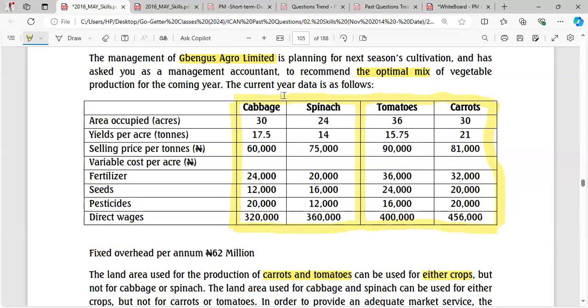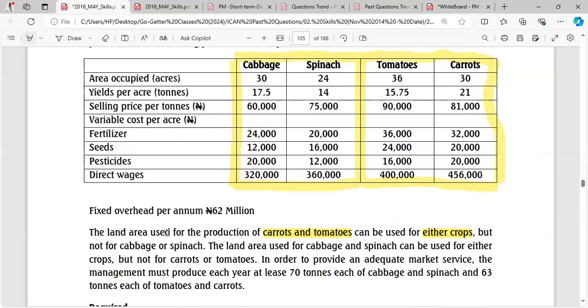In the place allocated for carrots and tomatoes, you can plant tomatoes here, you can plant carrots here, or carrots here and tomatoes here, but you cannot plant cabbage and spinach in this area. No, you can't. Also, the land area for cabbage and spinach can be used for either crop, but not for carrots and tomatoes.